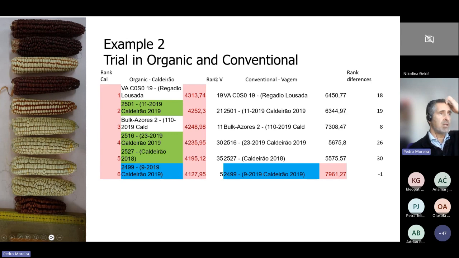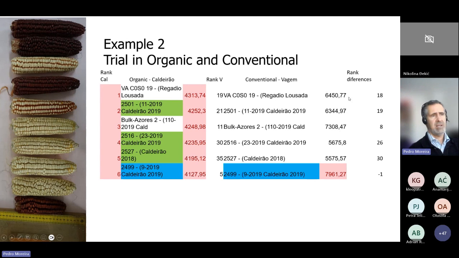This was the work of the master's degree of André Pereira, and we wanted to know, for instance, what happened if this accession that was first in organic, when we compare it in the conventional, we see that it is in the 19th rank.